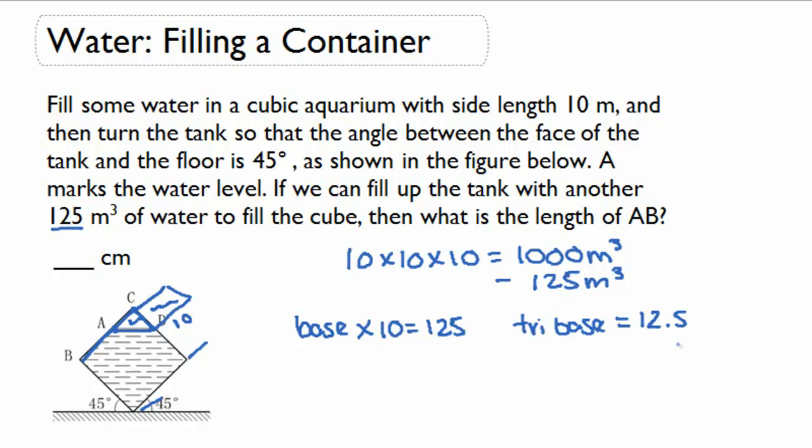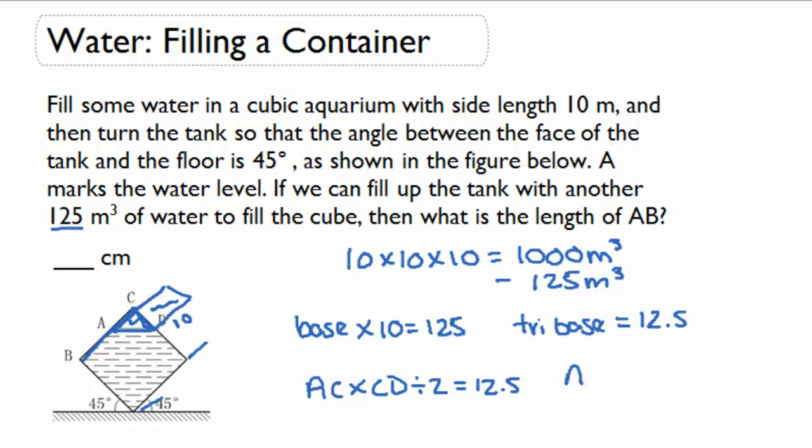Now, if we know that this is a right triangle, since it's a cube, then we know that AC times CD divided by 2 has to be equal to 12.5.